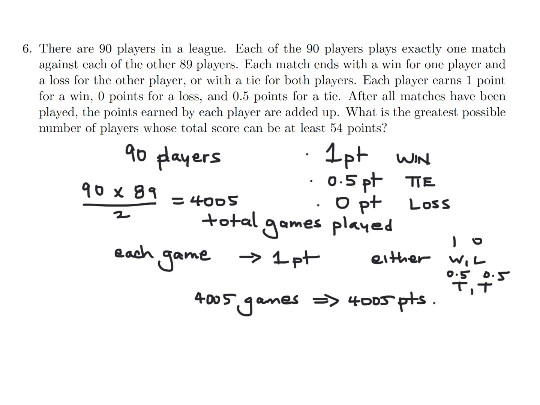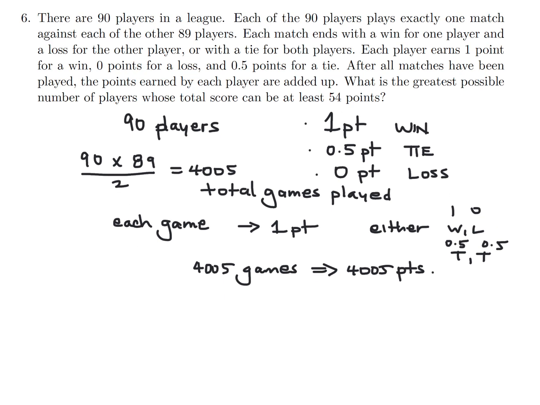Okay, so now let's talk about what the question is asking. That was just the setup. We want to figure out the number of players who can have a total score of 54 points each. Let's say that number is n.